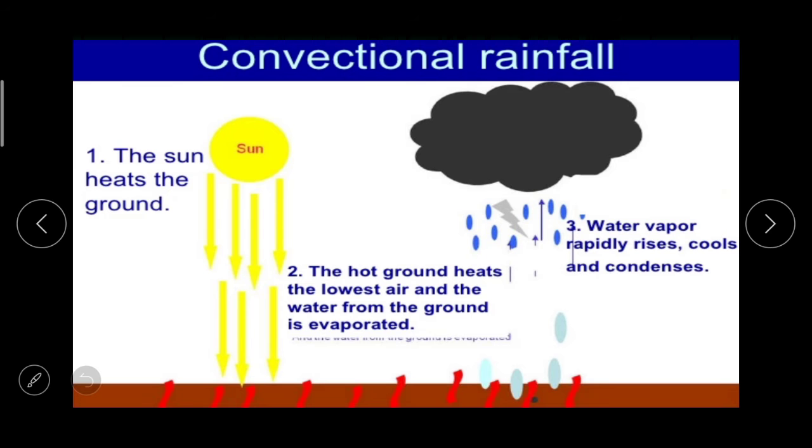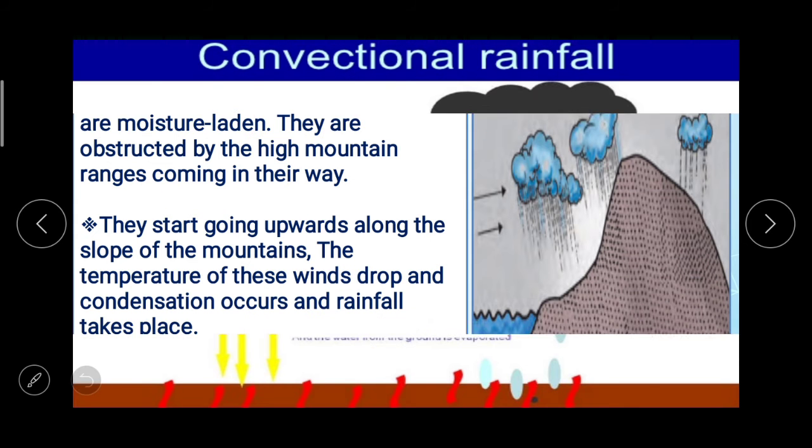Now the first point, the sun hits the ground first, then what happens? The hot ground heats the lowest air and the water from the ground is evaporated, and then water vapor rapidly rises, cools and condenses. Three important points you have to keep in mind about convectional rainfall.